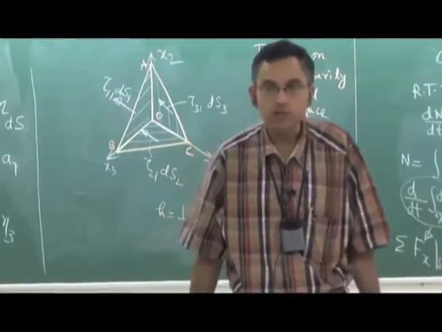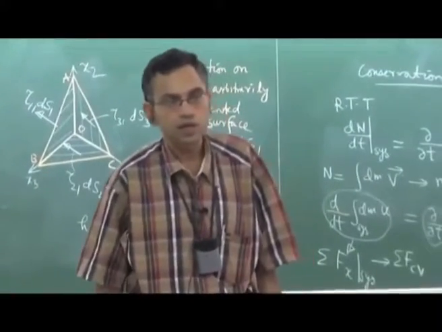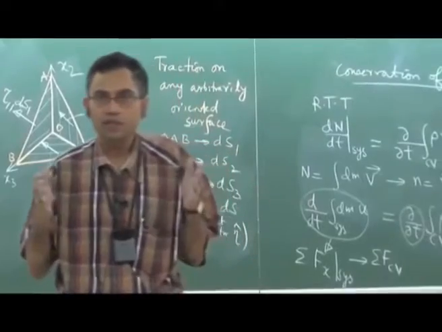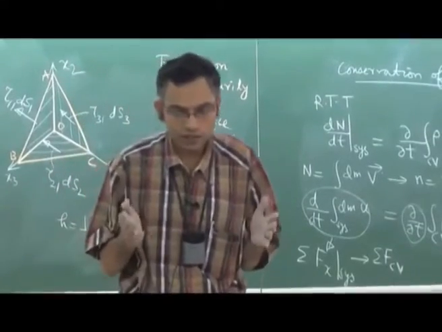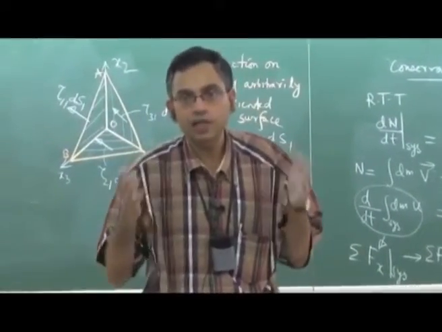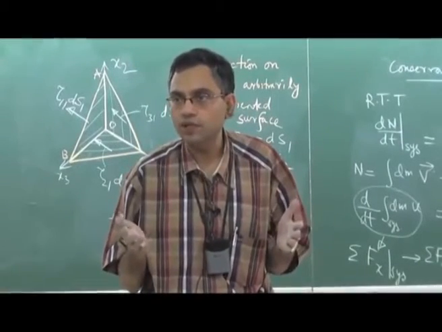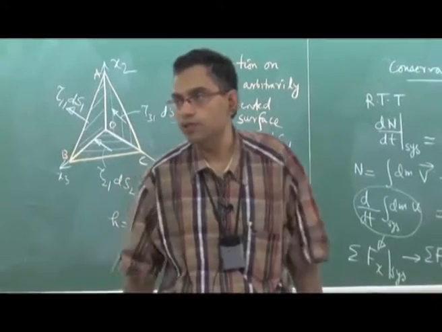In the previous lecture we were discussing Cauchy's theorem, which gives us a framework for representing the traction force on any arbitrarily oriented surface in terms of the stress tensor components.